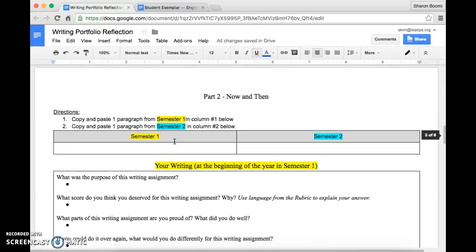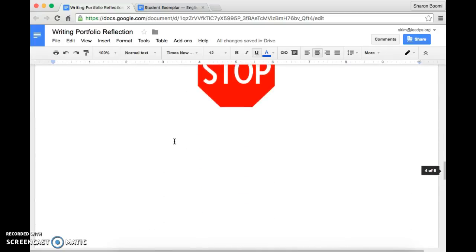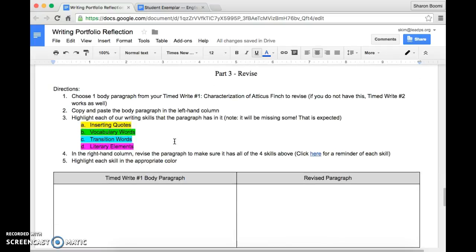We did part 1 and part 2 yesterday, so those are now complete. I'm now looking at part 3. Part 3 is seeing how well you know how to revise your own writing at this point. Remember that yesterday we looked at our rubric and we decided that a 4 was pretty good organization, a 5 was good organization but pretty deep commentary based off of the things that we talked about in class.